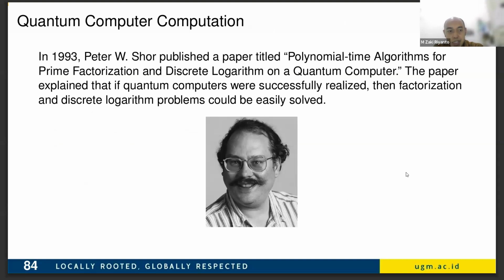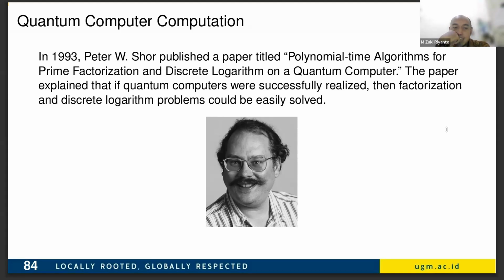Okay. In 1994, Peter Shor published a paper that was like the end of public key encryption. The title of the paper is Polynomial-Time Algorithms for Prime Factorization and Discrete Logarithms on a Quantum Computer.